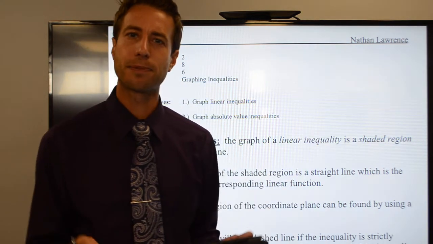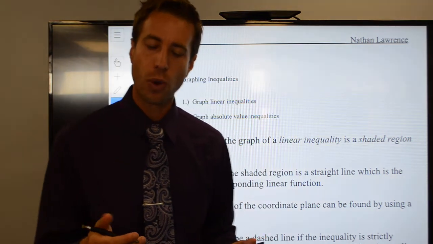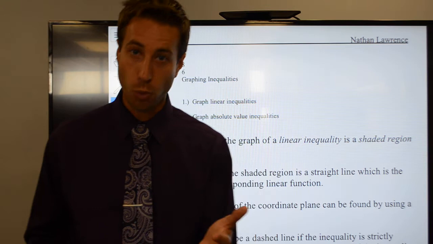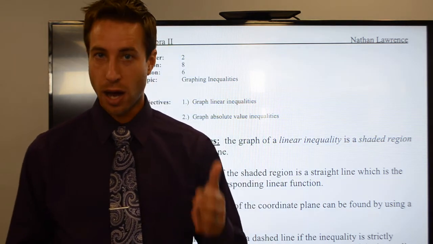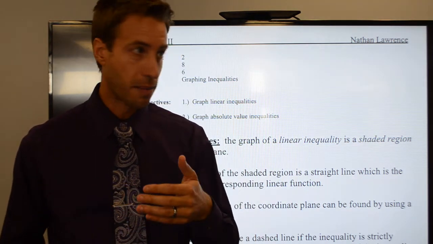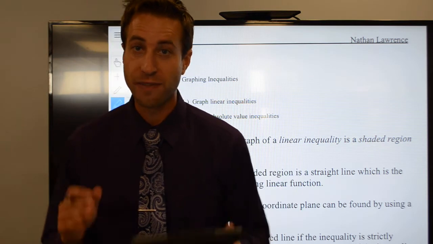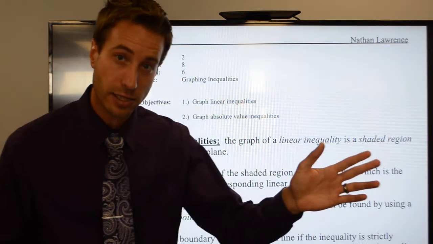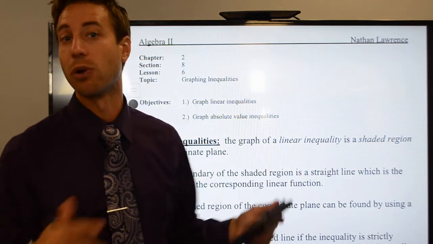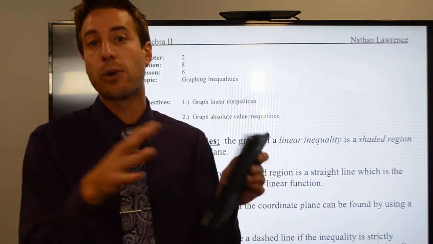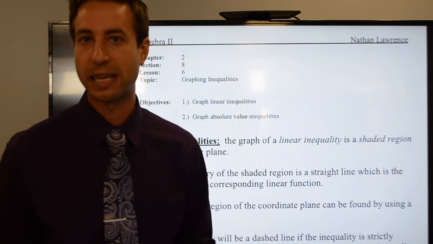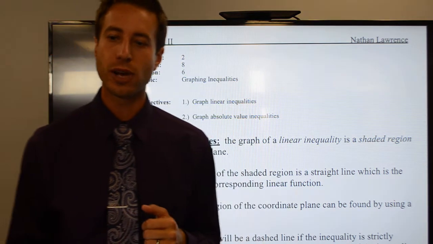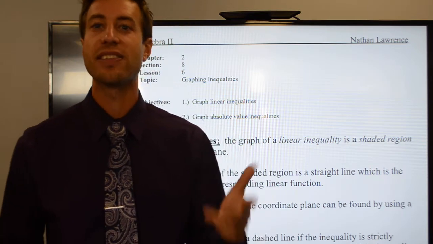Then we went into section 7, where we talked about transformations. Transformations is a word you will hear me use in every chapter throughout the rest of Algebra 2. I will even say, all right guys, remember back to Chapter 2, let's do transformations, but now with whatever topic we're studying in that chapter. When it came to transformations, you needed to find the A, the H, and the K value.